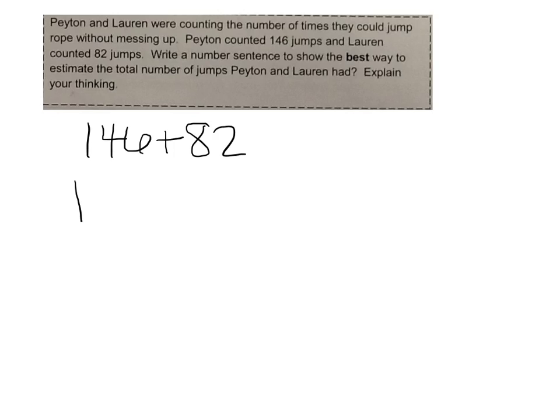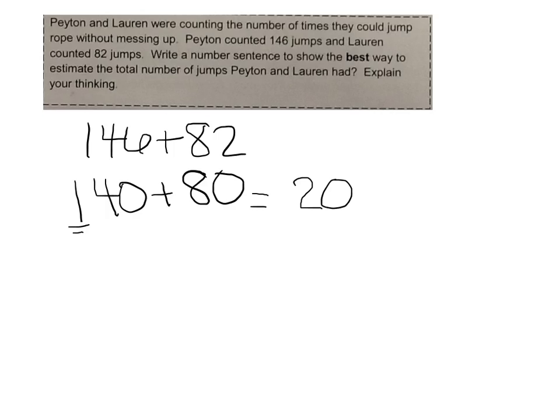I might see that 140 plus 80 is easy for me. I know that now I have 0 ones. 80 plus 40 would equal 120, so I have 20 tens, and the 100 plus the 100 that I have in my original number would make my answer 220.